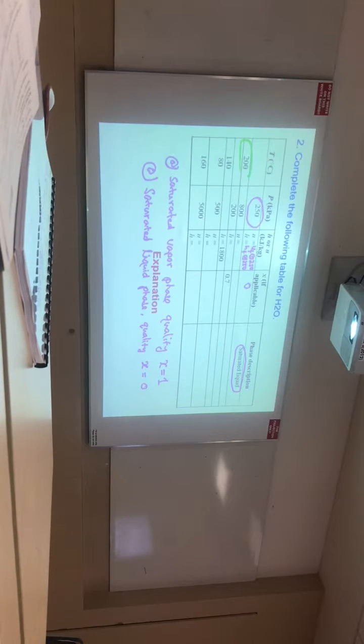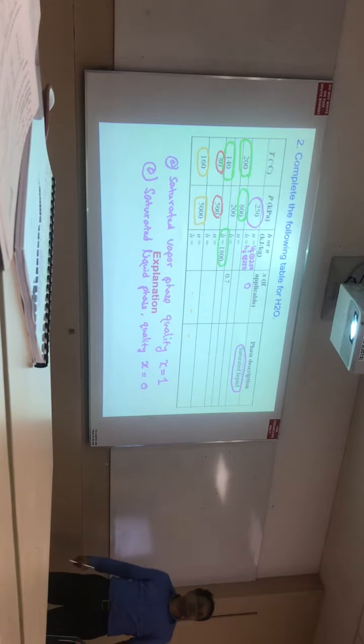Two intensive properties are given. You can calculate U, X. No problem, right? I discussed already. One intensive property and one specific property H is given. Then I can calculate others, no problem. This one, two intensive properties, temperature and pressure, is given. I can find other properties. The last one, similarly, temperature and pressure is given. I can calculate other properties. No problem, right? Same as previous concept. Nothing new.